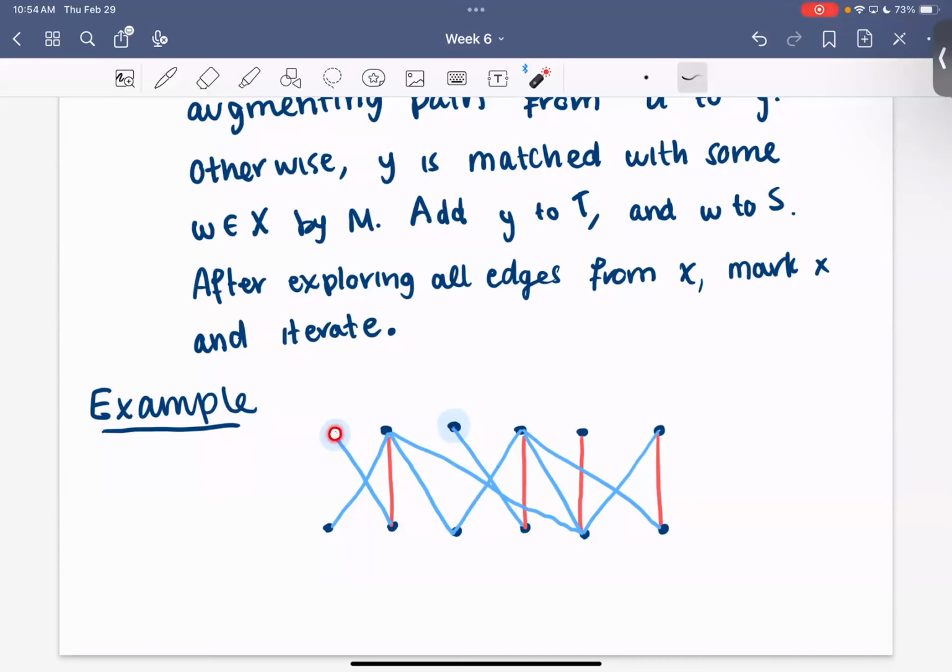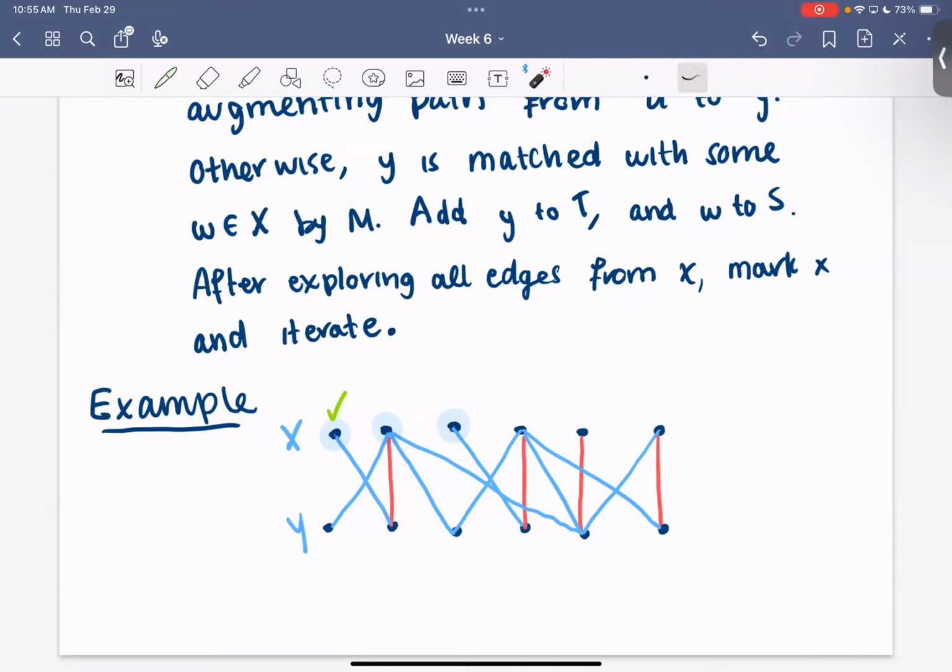Then we would go along blue edges to Y. Let me label these X and Y. So we'll travel along a blue edge to Y. And if this vertex is unsaturated, then I would stop, but otherwise I include the vertex on the other side in my set S. I'll do that and mark that I already checked this vertex.